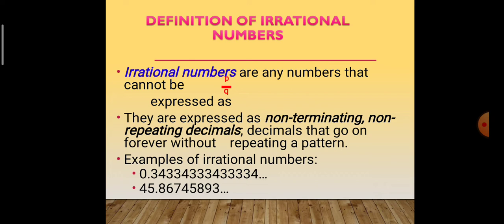So examples of irrational numbers are 0.34334333343334 and so on. Next also 45.86745893. So what is an irrational number? The number which is not in the form of p by q.